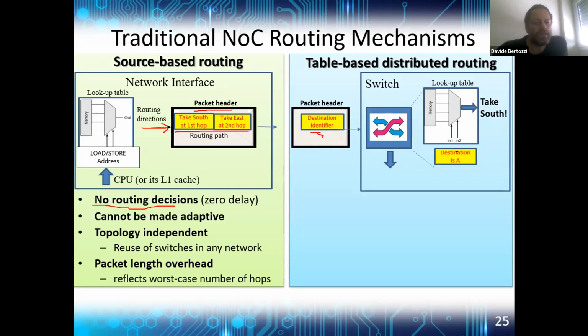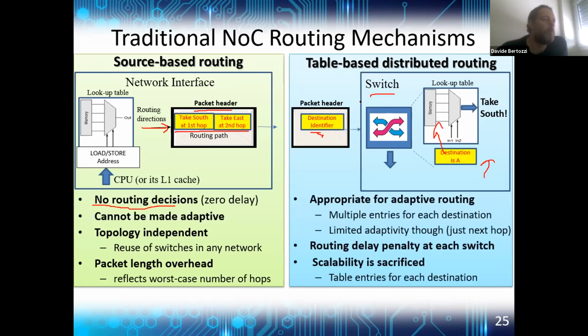Then you use this destination identifier in the switch to enter a lookup table, and the lookup table returns the direction that you should take at this switch only. So this switch says, okay, you're going to that specific destination. If you want to go there, then at this switch, I let you go out to the west. That's the way it works.